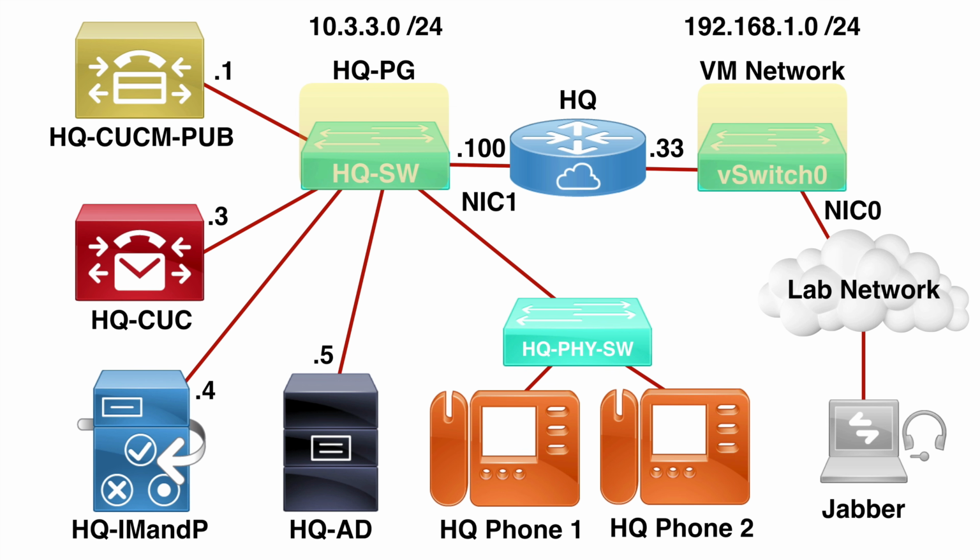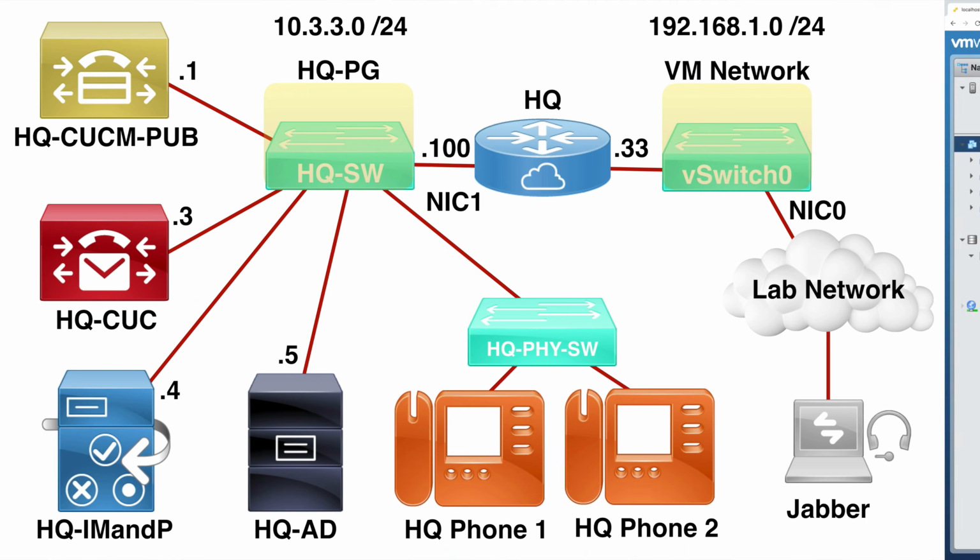It's going to time out, and then we'll go to the other phone and see that we've got a voicemail, and we'll be able to retrieve that voicemail. To save time, as I've done in some prior videos, I've already uploaded the CUC install ISO file into the data store of the ESXi server. So let's jump over to that ESXi server now and install Cisco Unity Connection version 12.0.